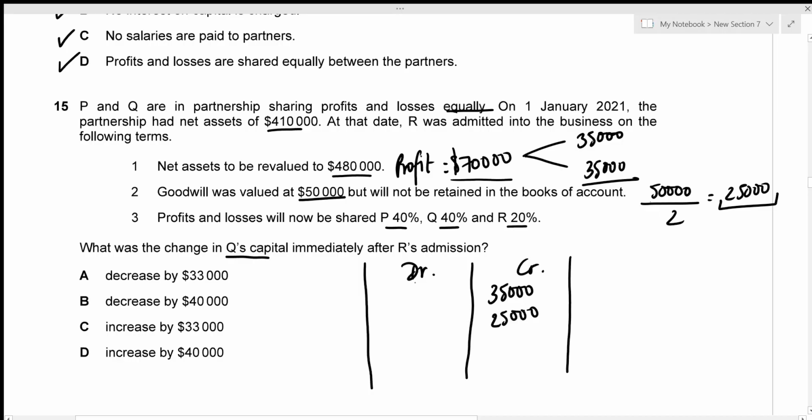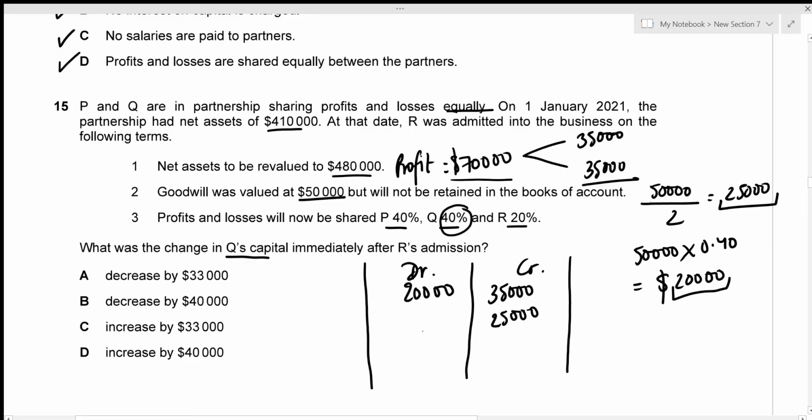Now for the debit side, we need to record the goodwill at the new ratio. So that's going to be 50,000 times 40%, because that's the ratio for Q. So that's 0.40, which is going to be 20,000. So this needs to be recorded on the debit side.